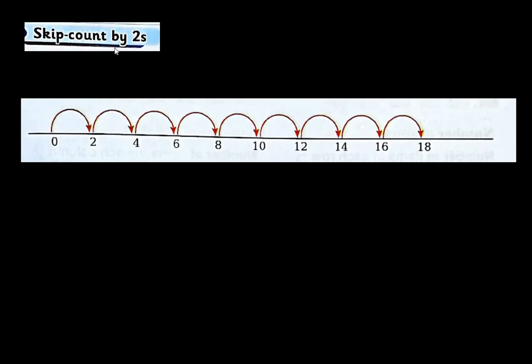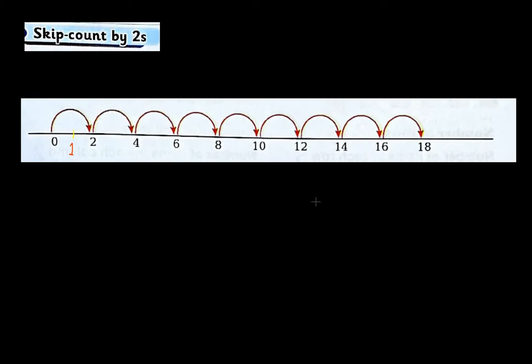Let's start. The first strategy is called skip count by 2. For example, after 0 is 1. We skip this one, we don't say 1. I whisper it to myself, and then say 2, 4, 6, 8, 10, 12, 14, 16, 18.